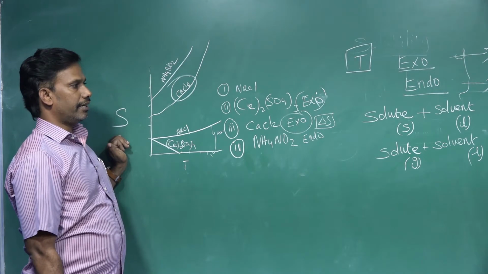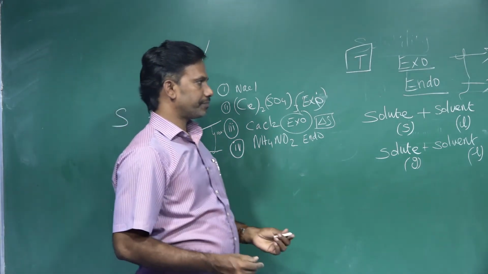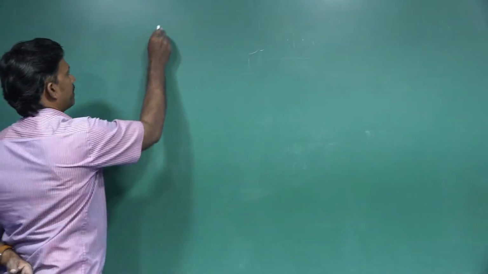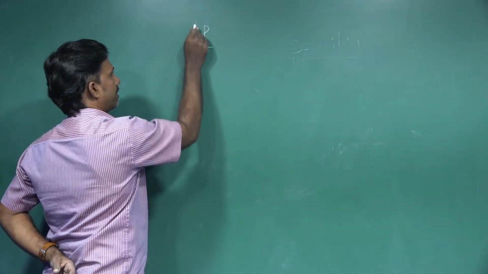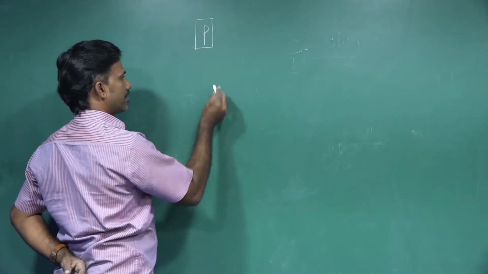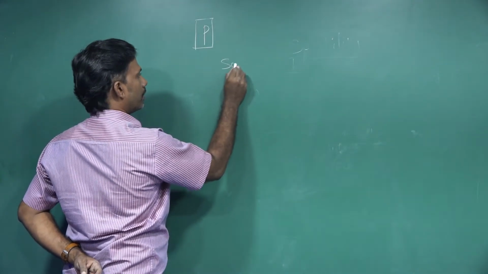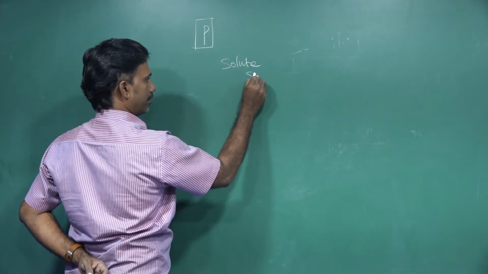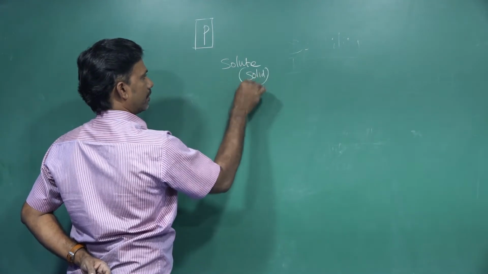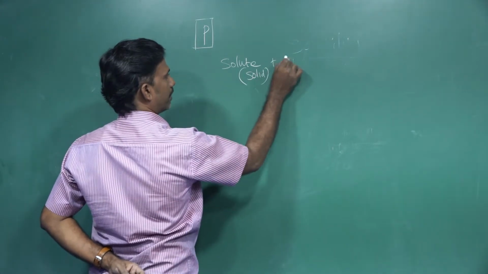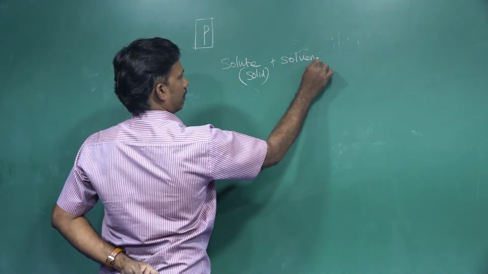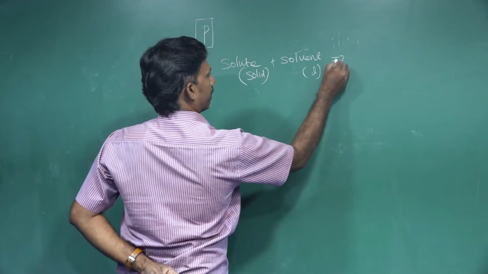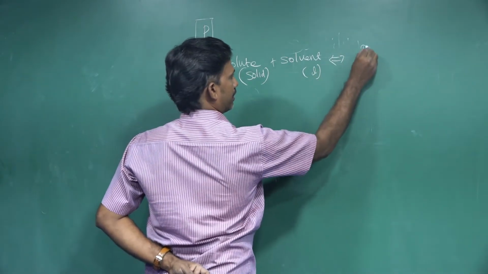Okay, then let us move on to the effect of pressure. How does pressure affect solubility? In two cases. First, a solid solute plus a liquid solvent. What happens when the pressure increases?